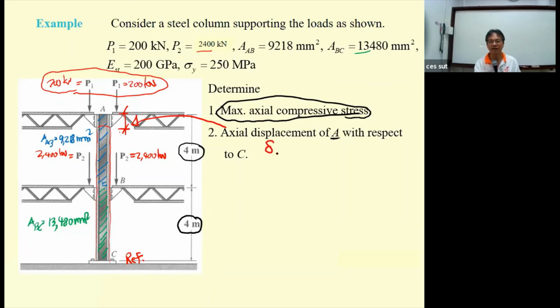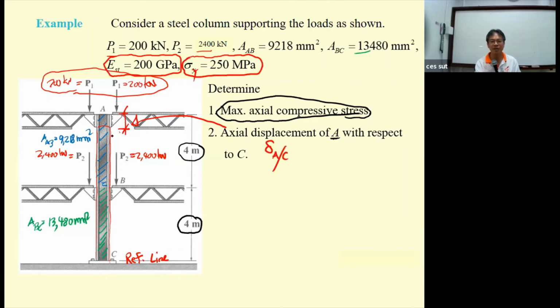This is the axial deformation of point A with respect to the reference line at C. The steel has the modulus of elasticity of 200 gigapascal, and it also has a yield strength of 250 megapascal.